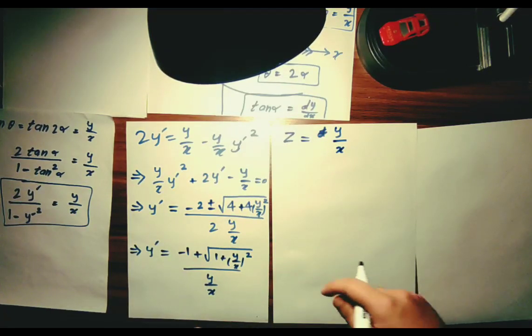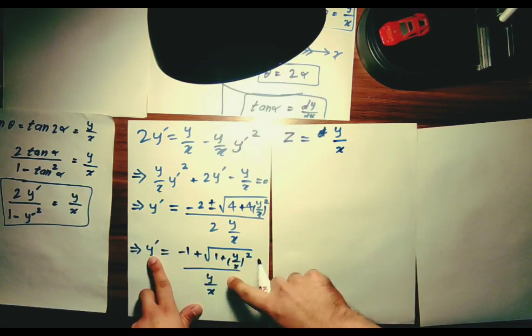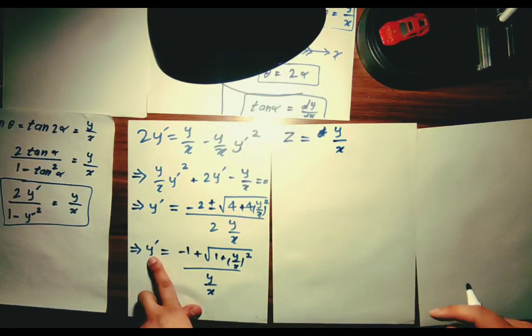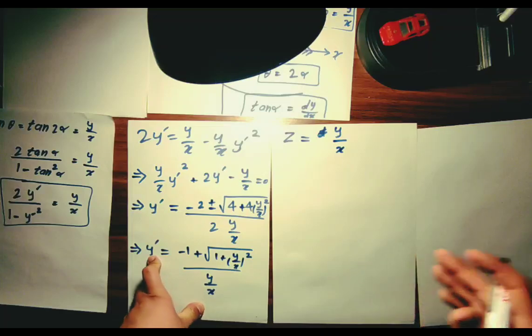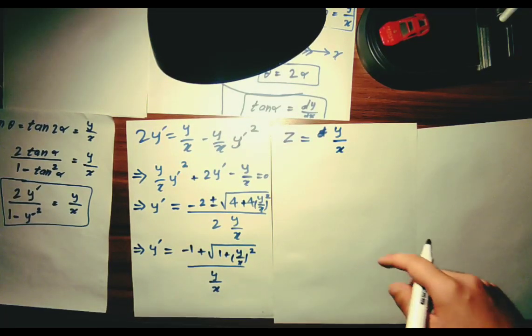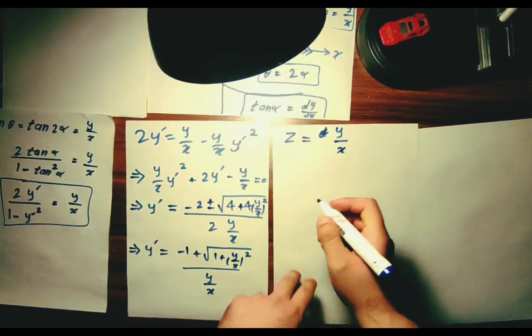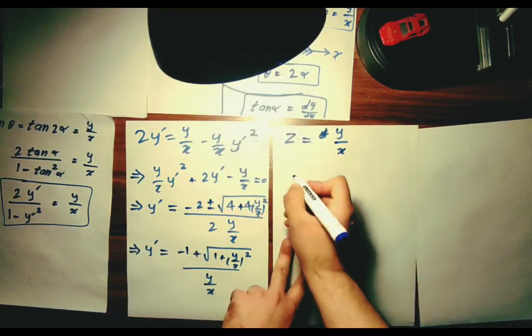But if we replace this by z, we should replace y prime too. So get rid of y and do the rest of the computations with z and x, and forget about y for now.